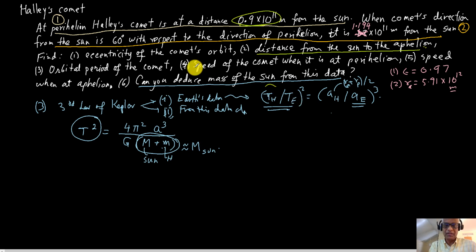Because later on we do get the mass of the sun question, I'm going to say we either have to remember this, of course you remember, and then this one we have to remember somehow. Okay, and I'll just look up the data. I'll give you the data for the Earth. So I'm going to look up online.